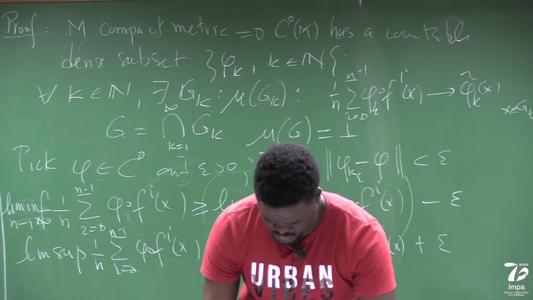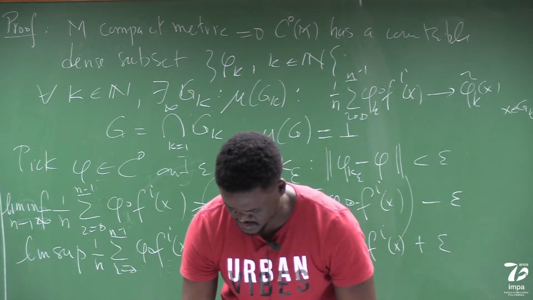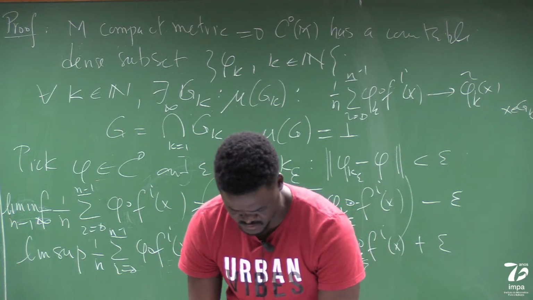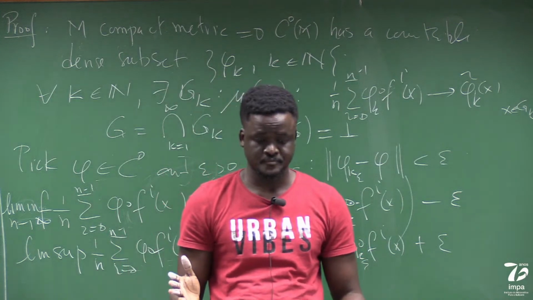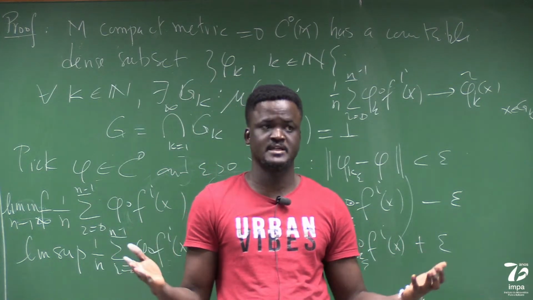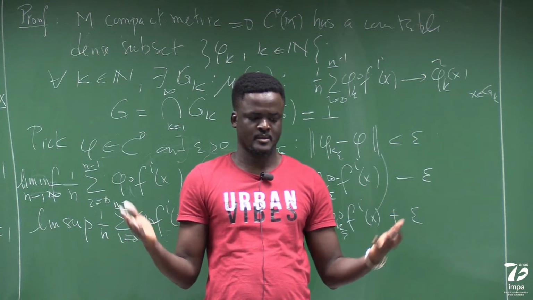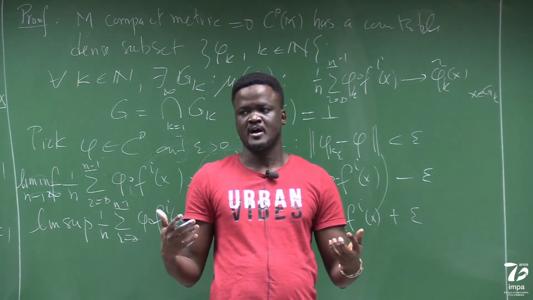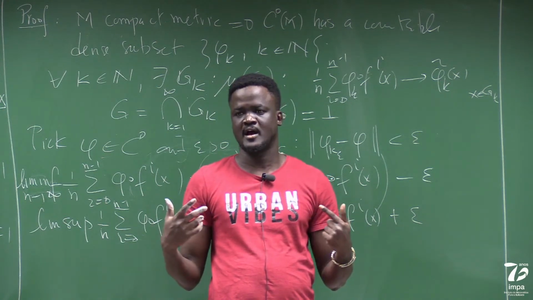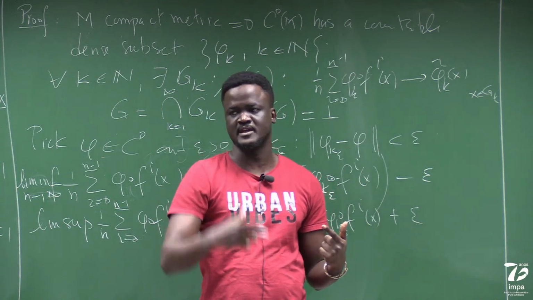So let's go to the application, using the application to the existence of Lyapunov exponents. As I was explaining last time, when we want to study a dynamical system, one aim that could simplify your study is to have eigenspaces, a decomposition of your space into invariant spaces.